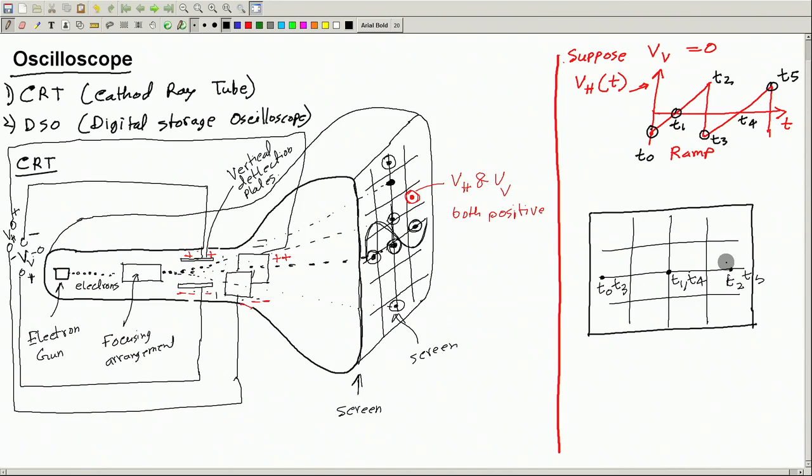And if I try to animate this, it will look like this.